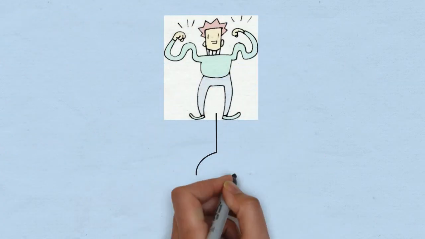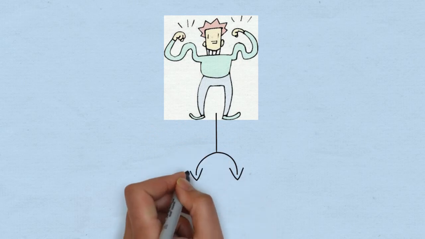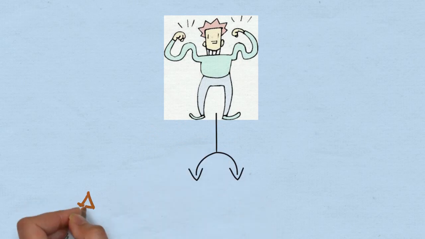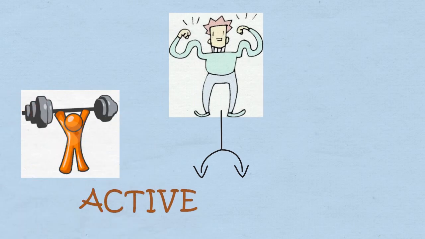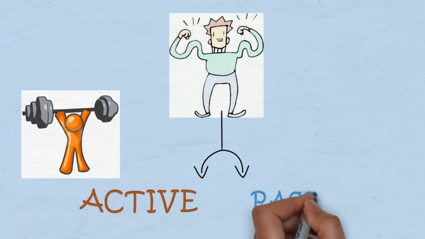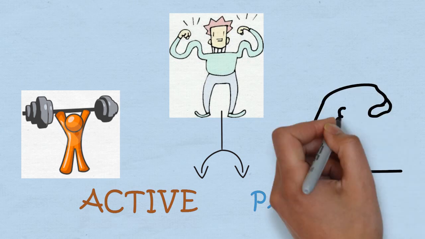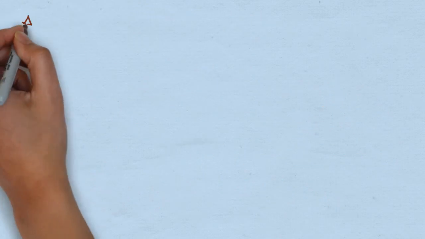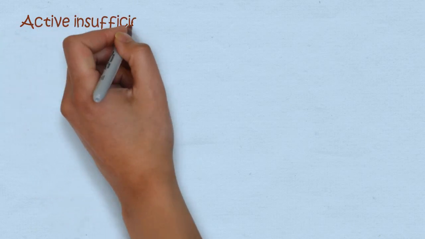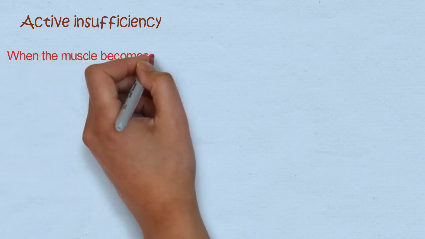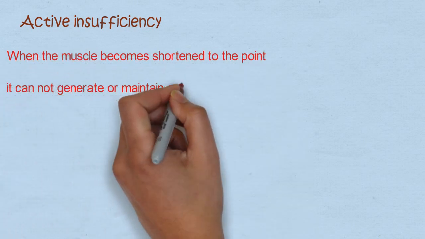So there are two types of muscle insufficiency in our body. One is active muscle insufficiency and another is passive muscle insufficiency. So what is active muscle insufficiency? When the muscle is actively involved, like when the muscle becomes shortened to a point where it cannot generate or maintain an active amount of tension.